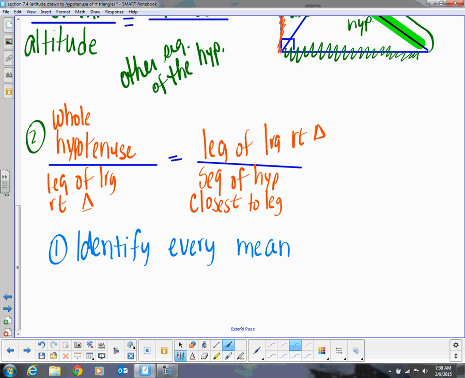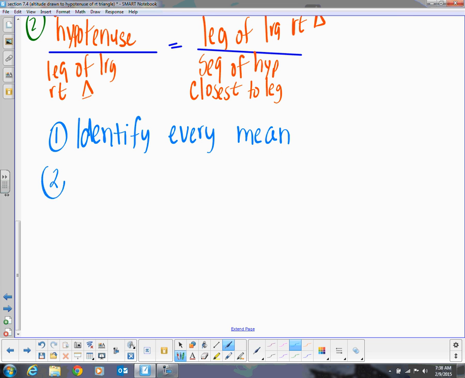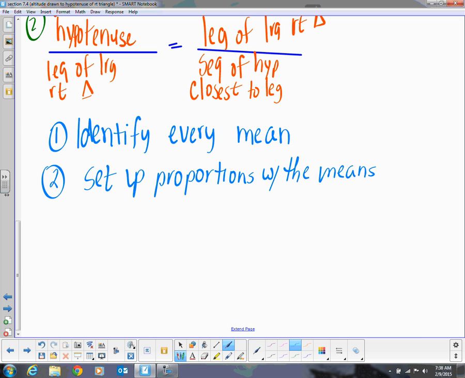You're going to identify every mean, then set up proportions with the means in place. That could be one, two, or three of them, depending on how much they give you.